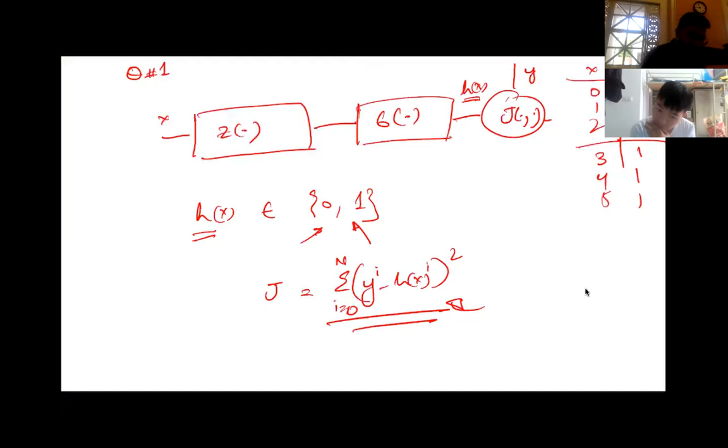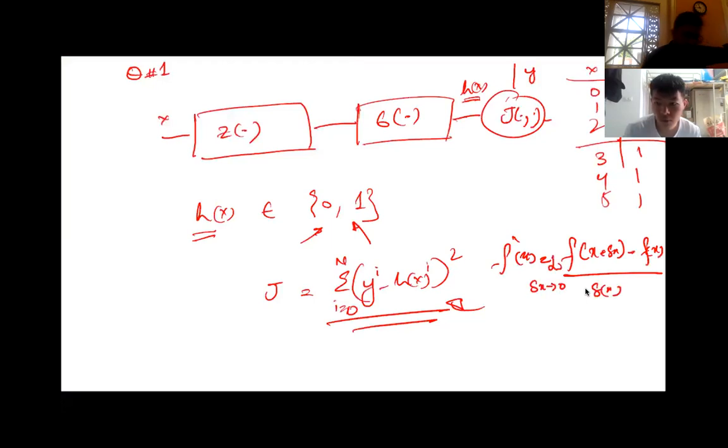So remember, let me just write the definition of the derivative. The derivative of a function at x is f of x plus delta x minus f of x, divided by delta x, in the limit as delta x approaches 0.